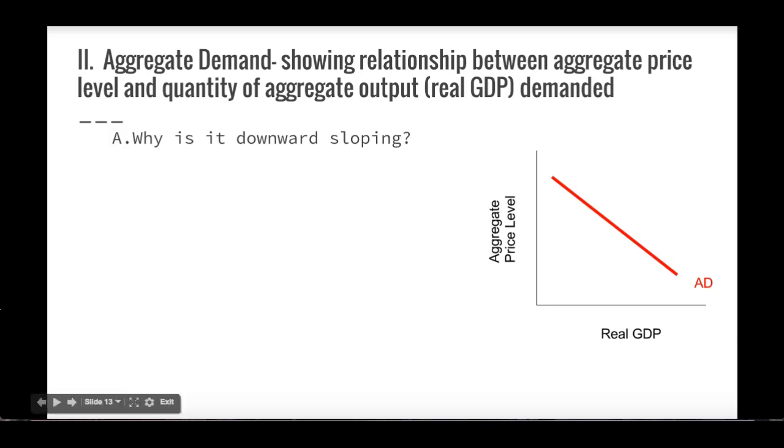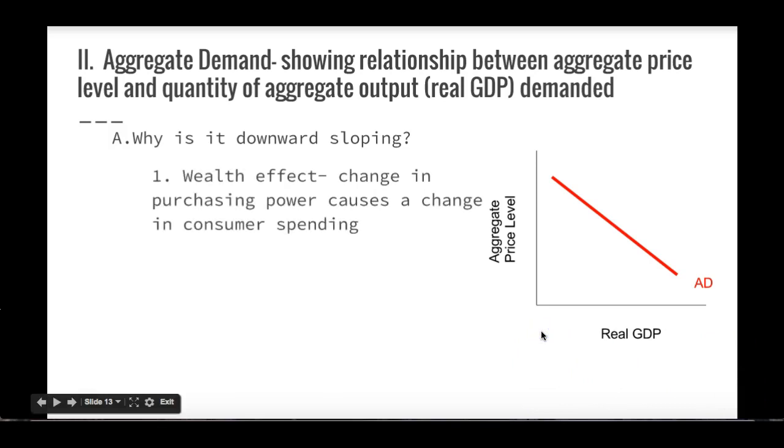Well, with aggregate demand, we can talk about something called the wealth effect, which is really similar. The wealth effect is the idea that a change in purchasing power causes a change in consumer spending. So as the price goes down, what happens to our purchasing power, the power of our money? It goes up, right? Because it goes a lot further.